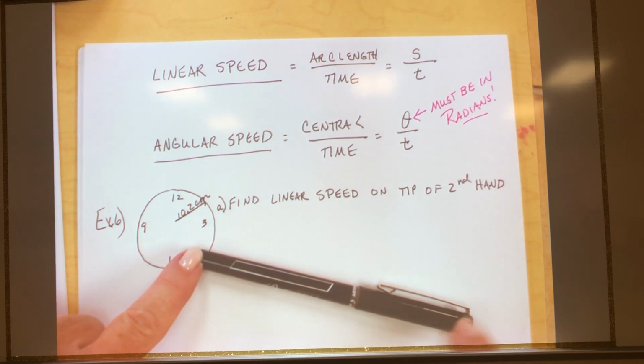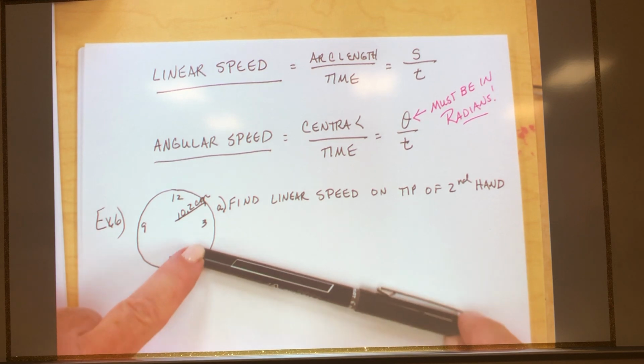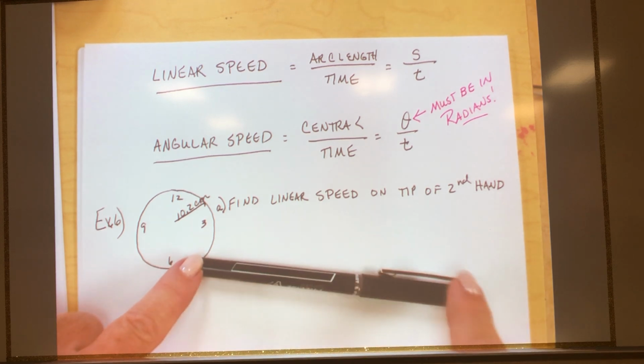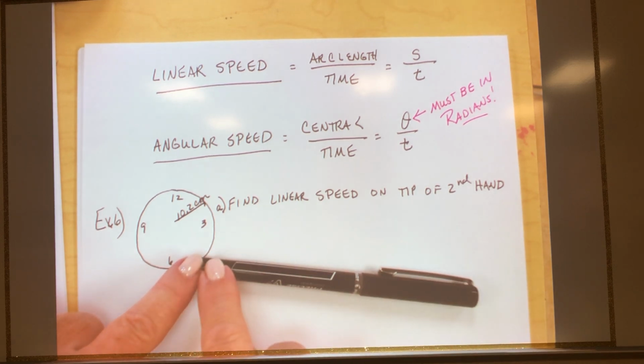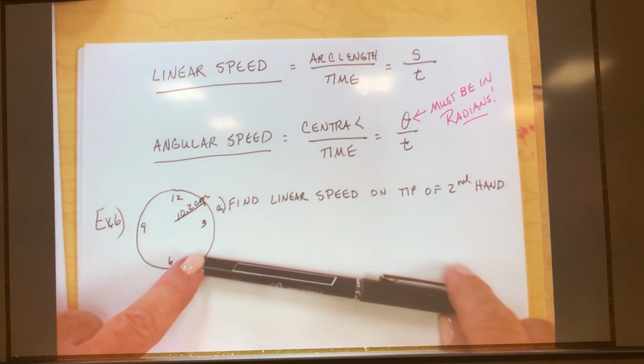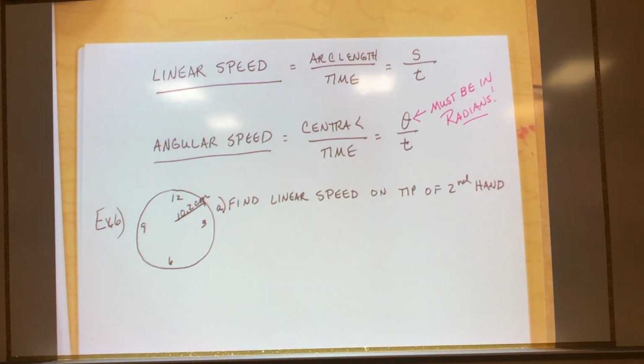No. Who's gonna be out here? It's not me, okay? It's gonna be the long-legged people, right? They're gonna be taking big, giant steps. These people are just gonna be standing in place, all right? So is the speed out here on the tip different than the speed right here? Yes, it is. They have to move a whole lot faster, people. So that's why they asked it like that.